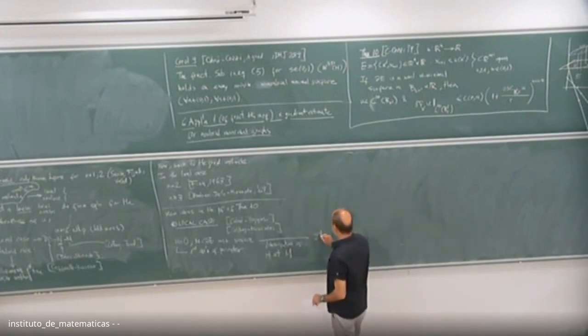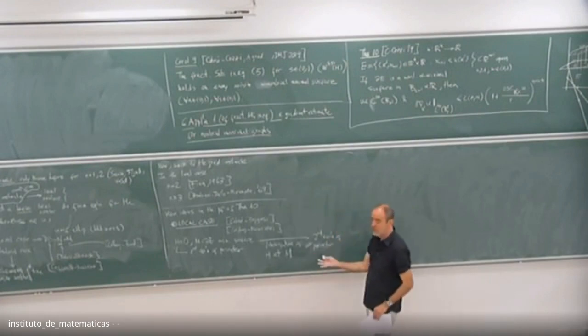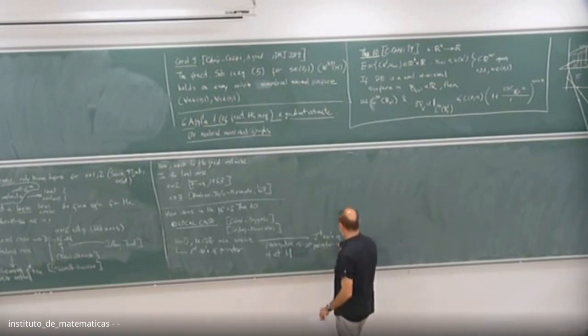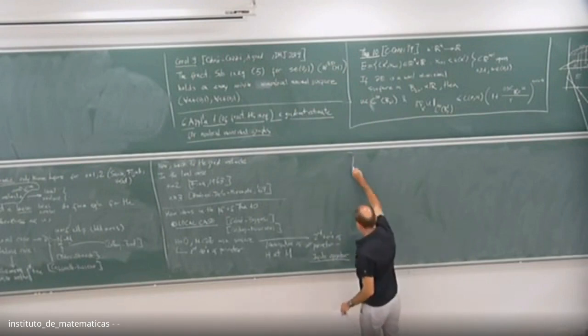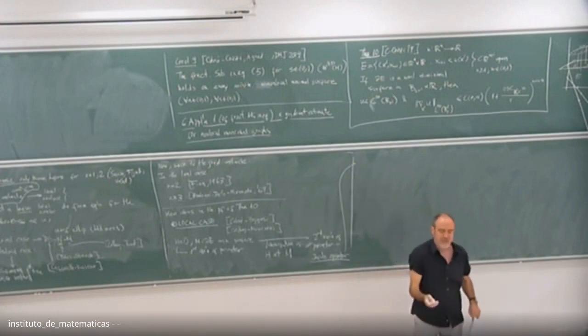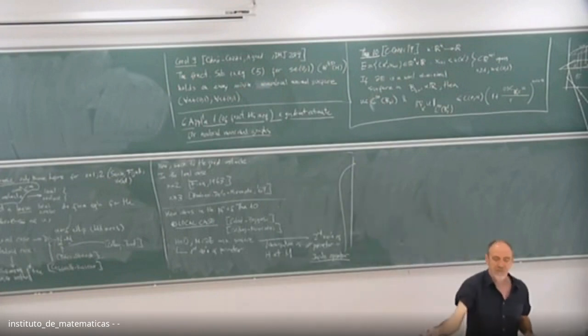And this will be the second variation of perimeter. It is a quadratic form associated to a very important operator called the Jacobi operator, and I tell you now what it is. The Jacobi comes from the study of geodesics, like the Jacobi fields.